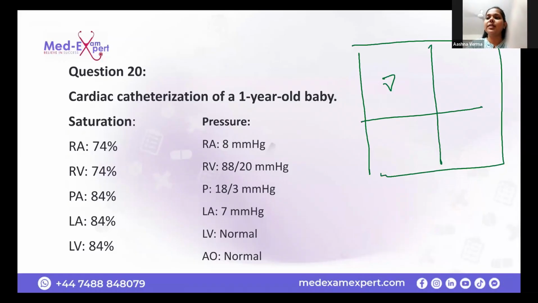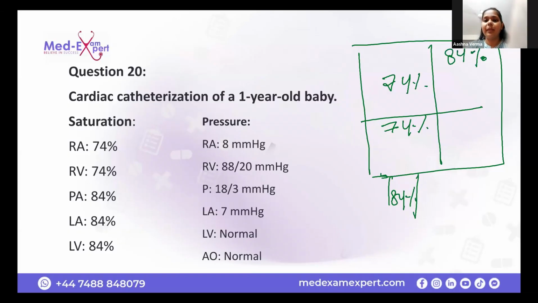Saturation in right atrium is 74. Saturation in the right ventricle is 74. In the pulmonary artery, it is 84%. And in left atrium, it is again 84%. And in the left ventricle, it is 84%.